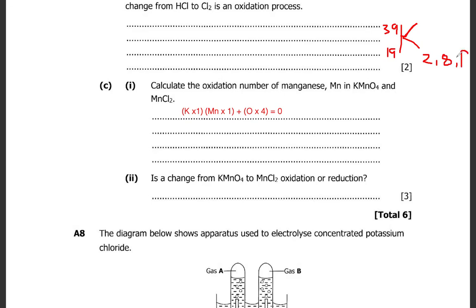So when this very electron is lost, the charge becomes positive. So meaning the oxidation state for potassium here becomes +1, which when multiplied with that 1 still gives us +1.